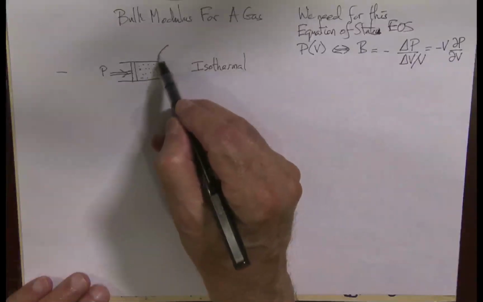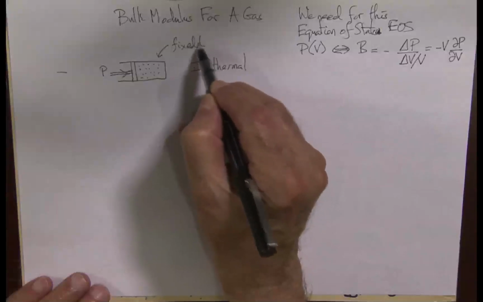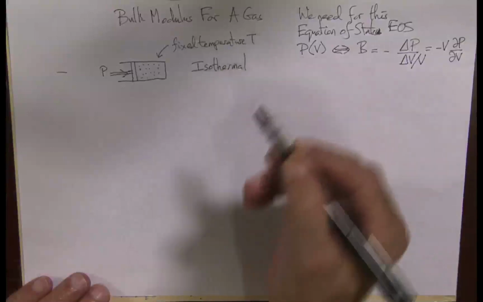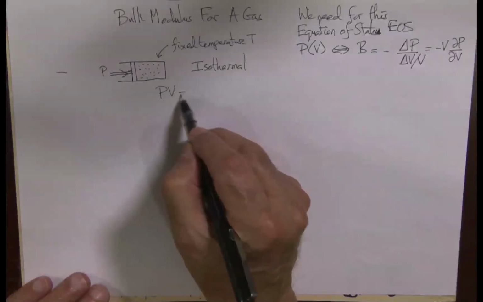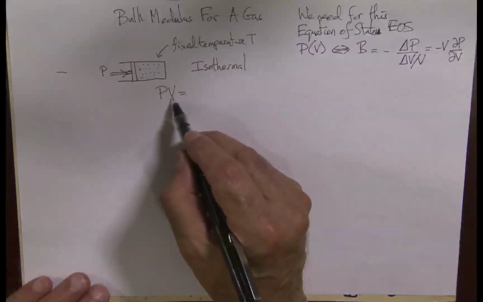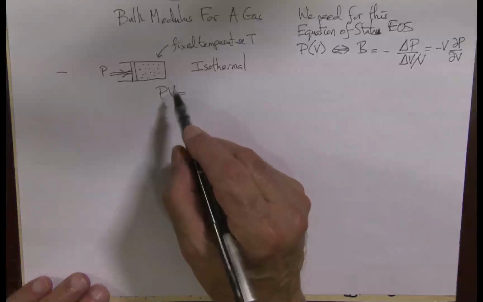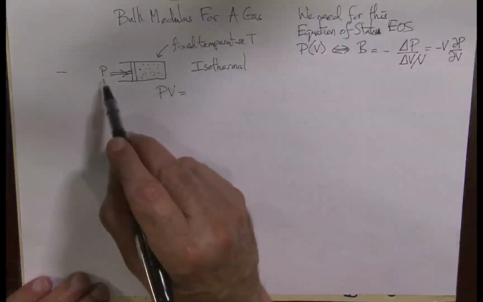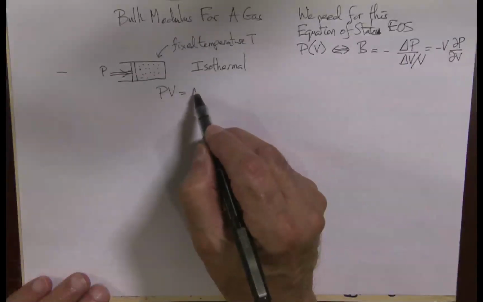I keep this at fixed temperature T. Now, you know from your earlier studies that in that case, the product of pressure into volume, so V is the volume occupied by the gas, P is the pressure that you've put on this externally. Pressure into volume is equal to a constant.